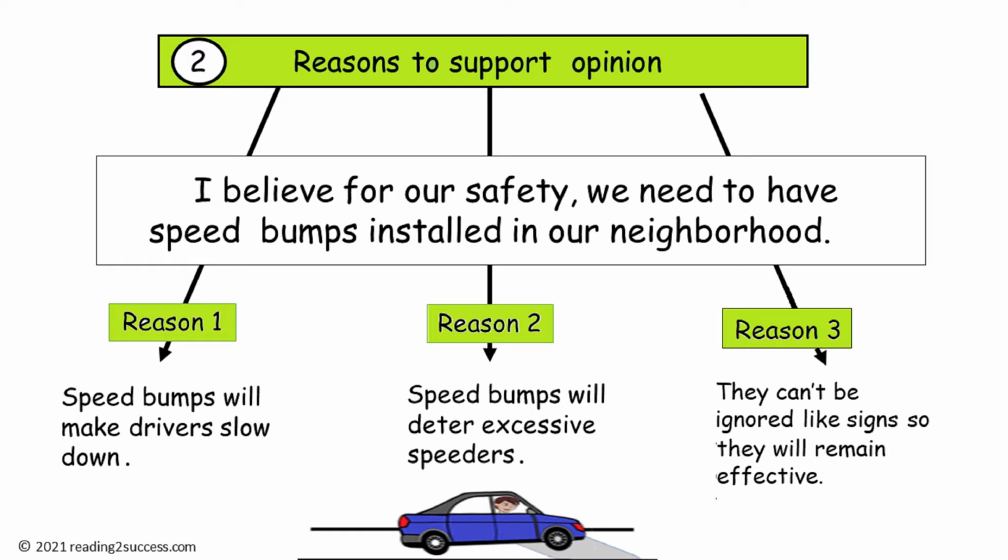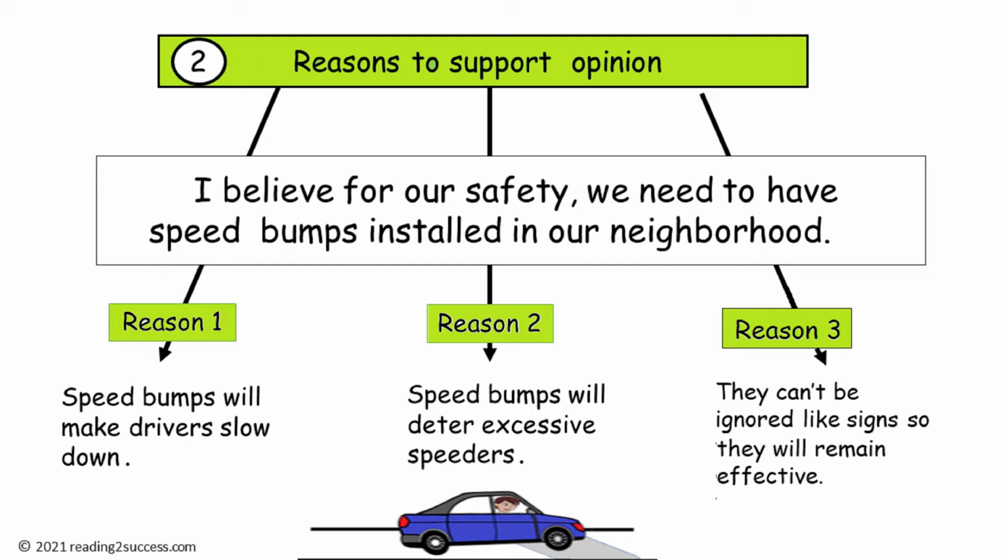So with kids, review topic statement number 1. I believe for our safety, we need to have speed bumps installed in our neighborhood. Now, brainstorm 3 reasons why this would be true. Let's look at our example.